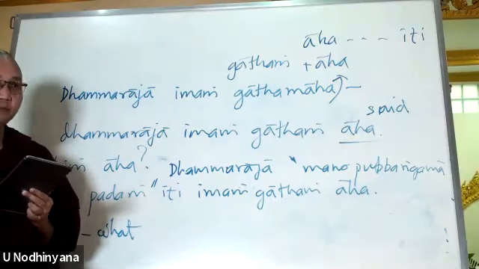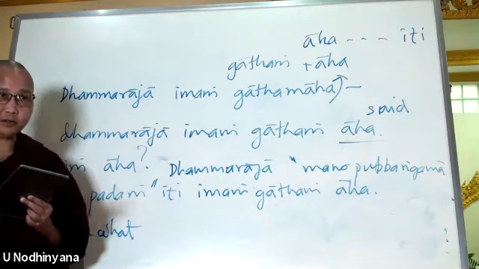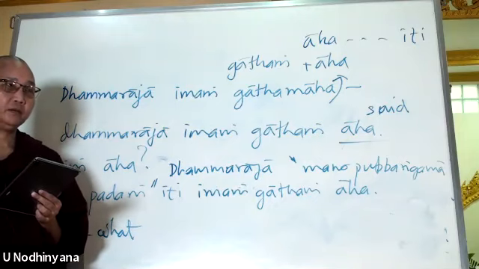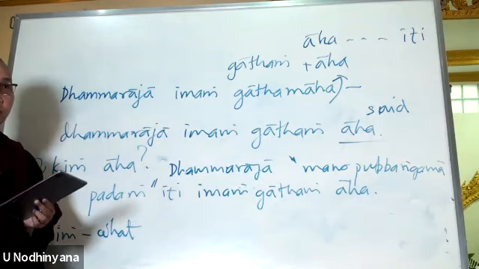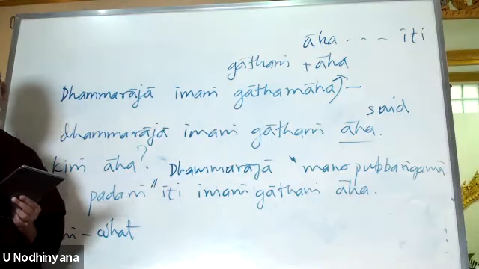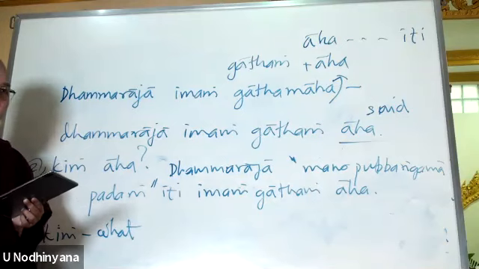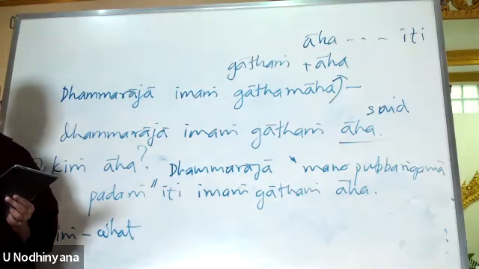What did he say? How did he say? At that time you have to translate that. What did he say? At that time you have to translate with the object.